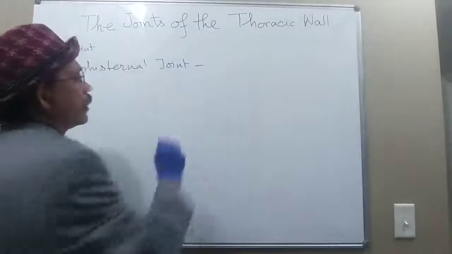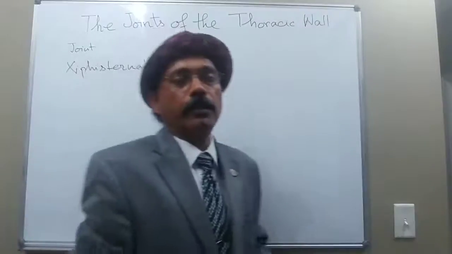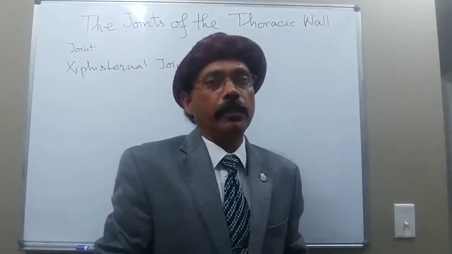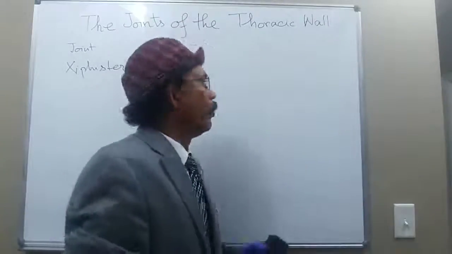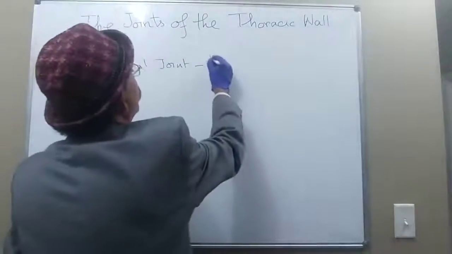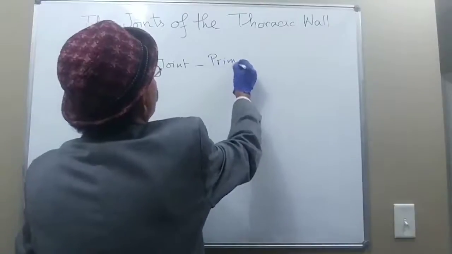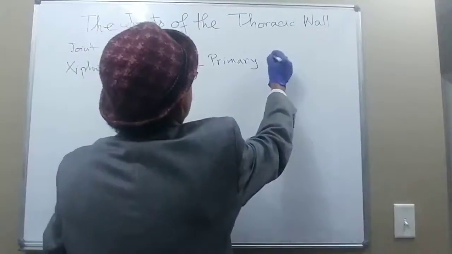Articulating surfaces are the body of the sternum and the xiphoid process. What type of joint is this? This is an example of a primary cartilaginous joint.